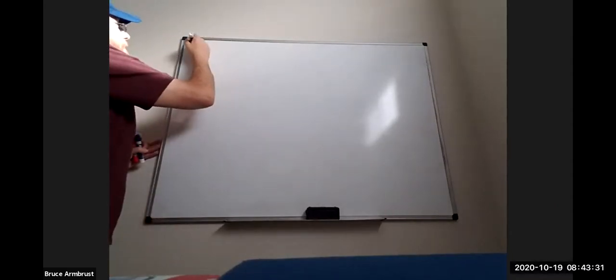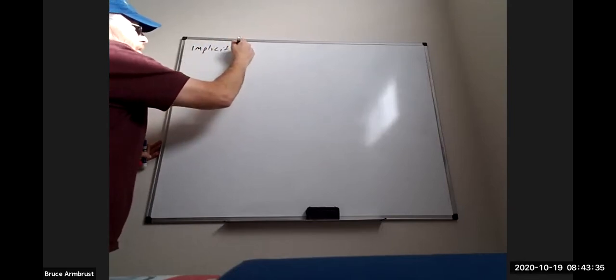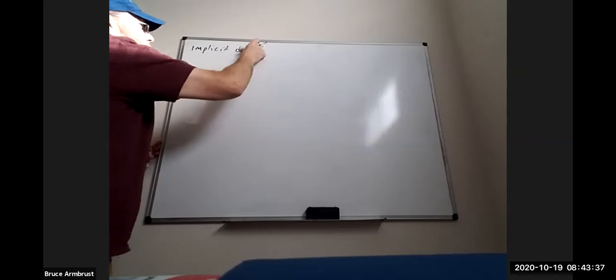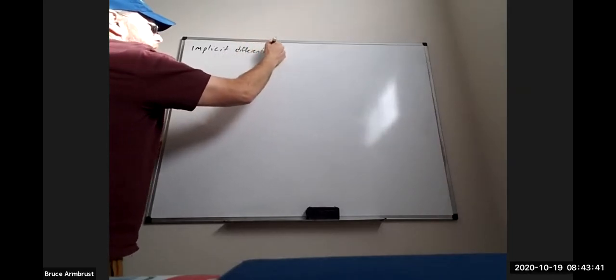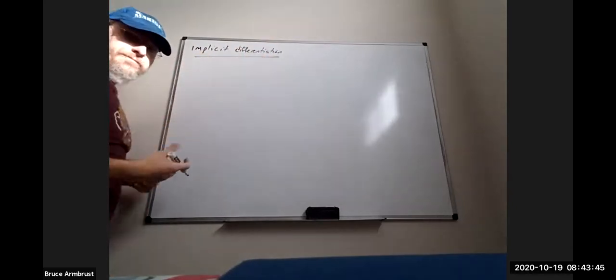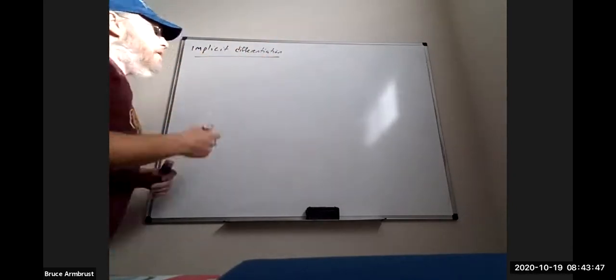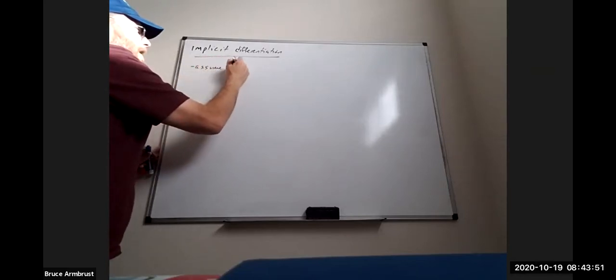So remember the word implicit or implied means that in this case, we don't actually know the function. We don't know it, but we're going to assume that y is a function.